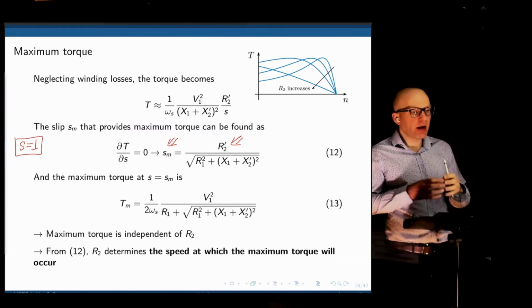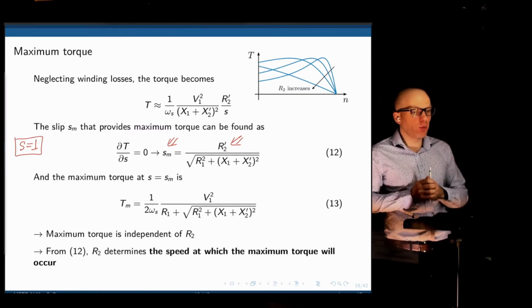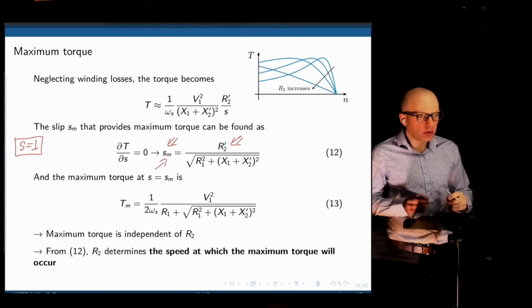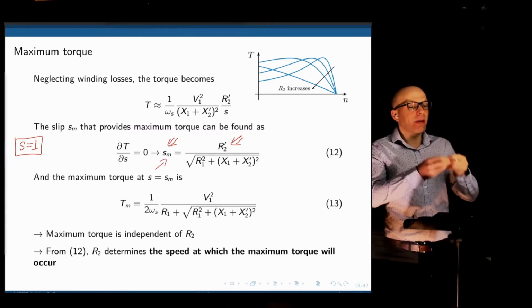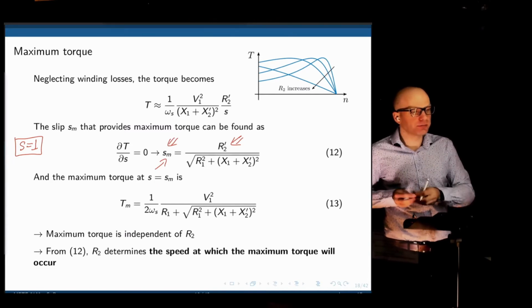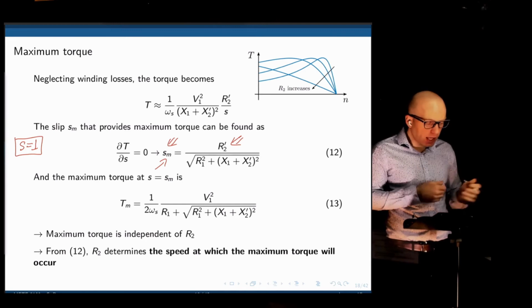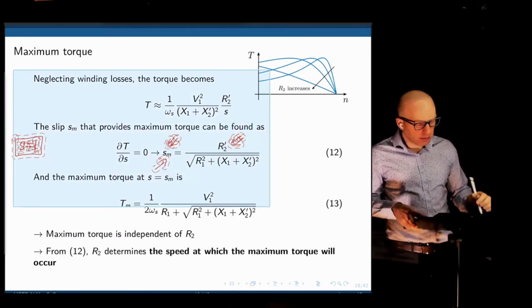So if you want now the maximum torque to occur at a slip of 1, just set R2 in a way that Sm tends to 1, which means that the maximum torque will be at start. Right? How can you physically do that? We'll see that later, but that's the idea.